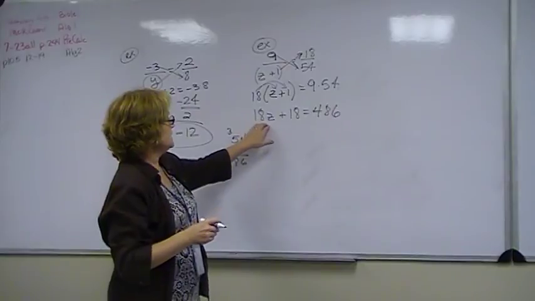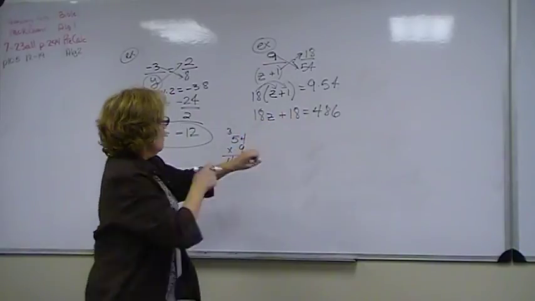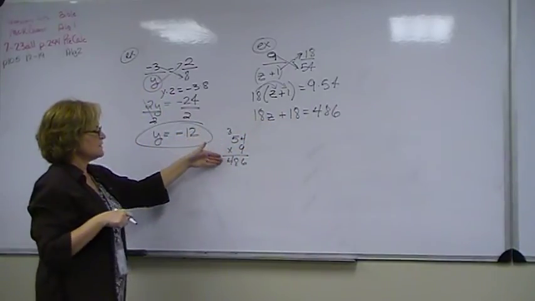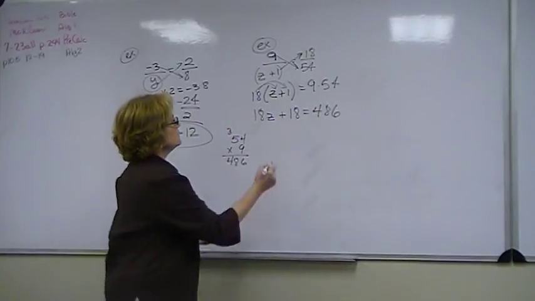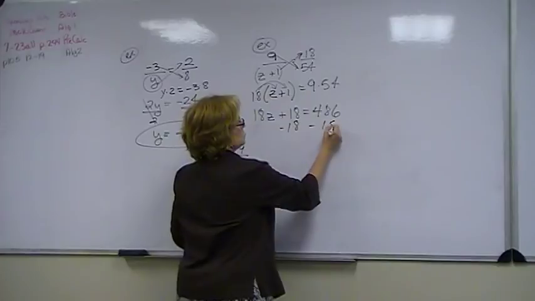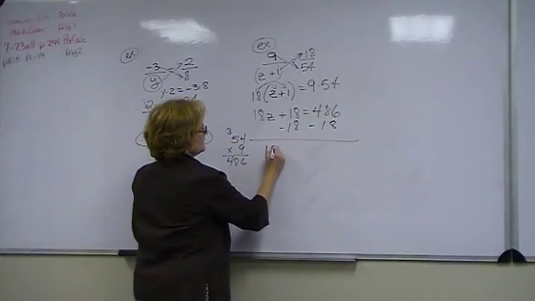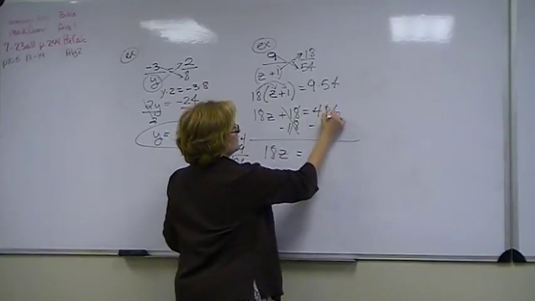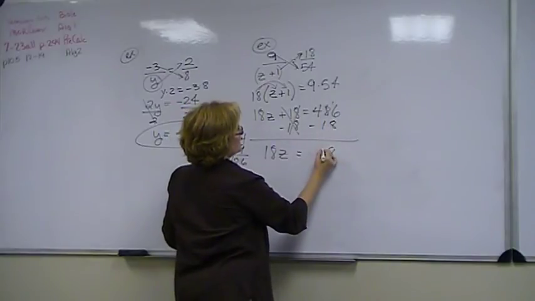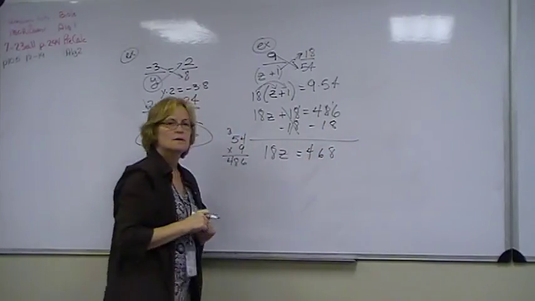Again, 18z plus 18 is equal to 486. I will subtract 18 from both sides. Gives me 18z is equal to 468.